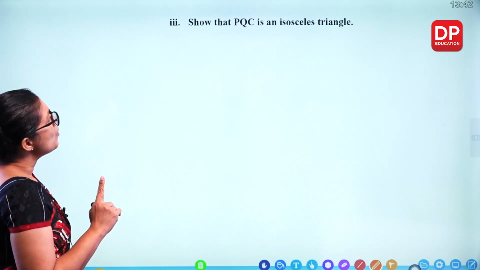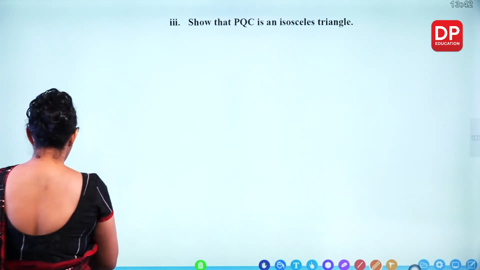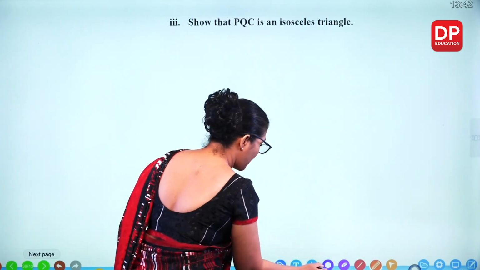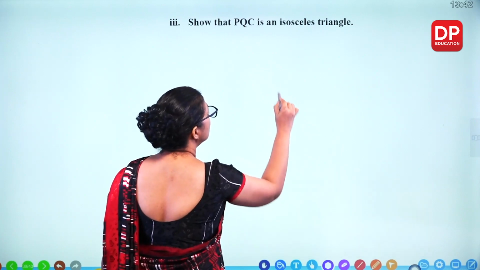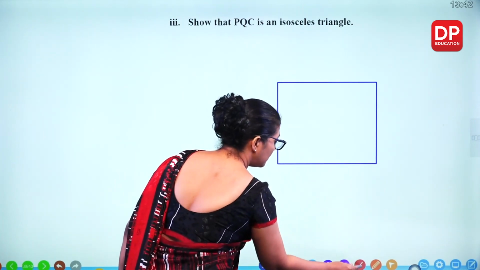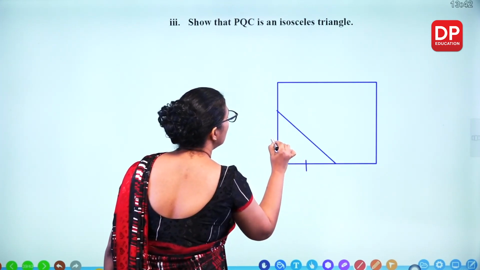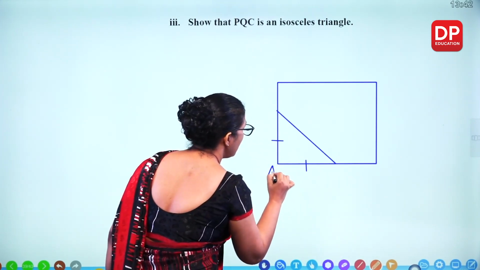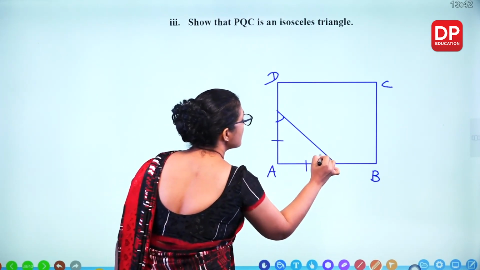Show that PQC is an isosceles triangle. So we'll go back to the diagram. I'll draw it. A, B, C, D. These 2 angles are equal.